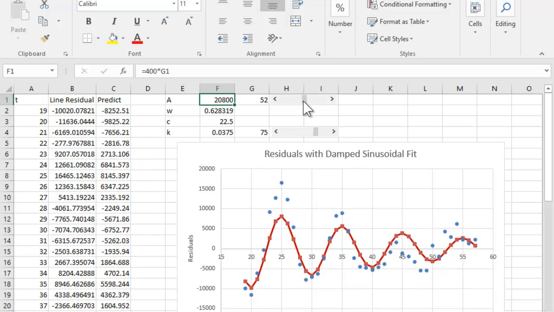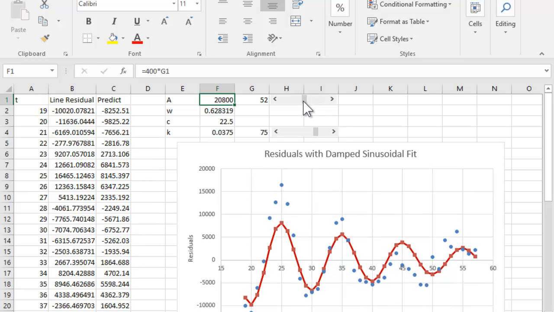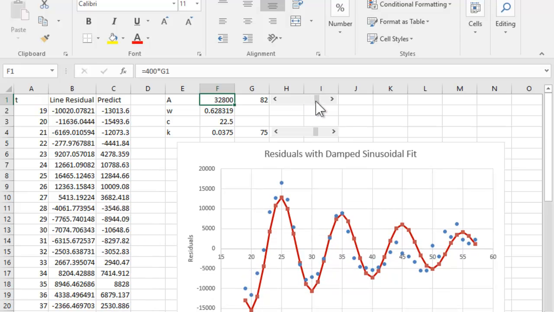If it were down here at 20,000, that's way too small. Let's ramp it up here. Maybe that's about right. I'm overshooting. My model is overshooting here and then undershooting.